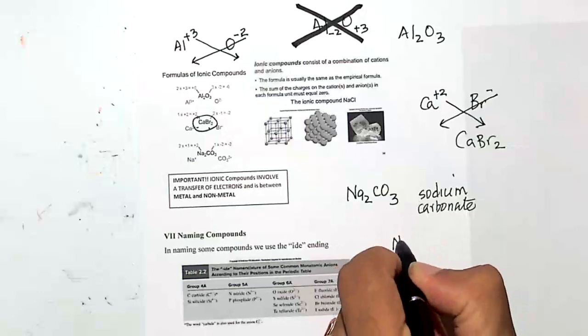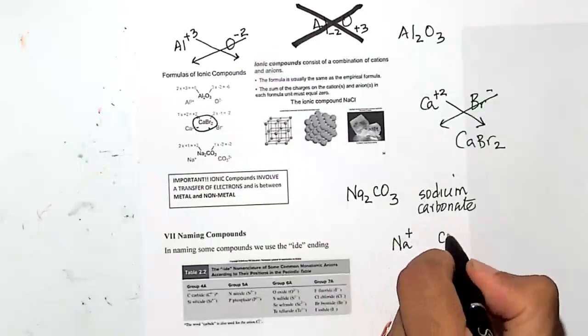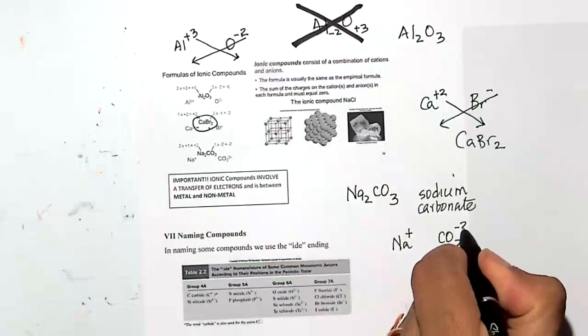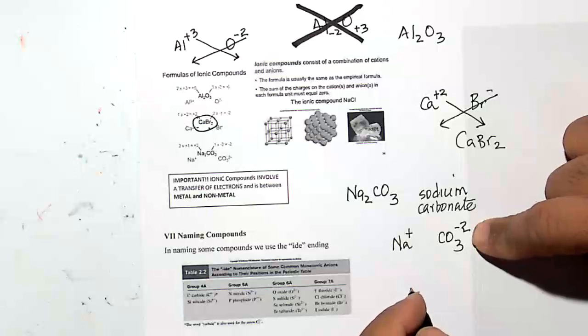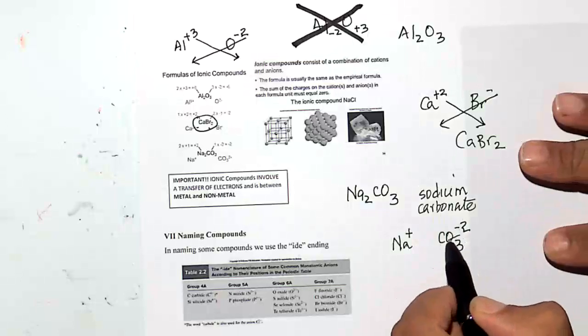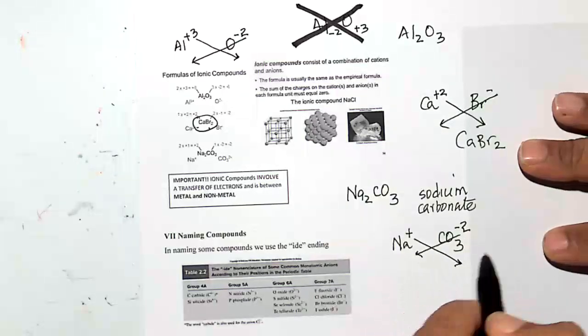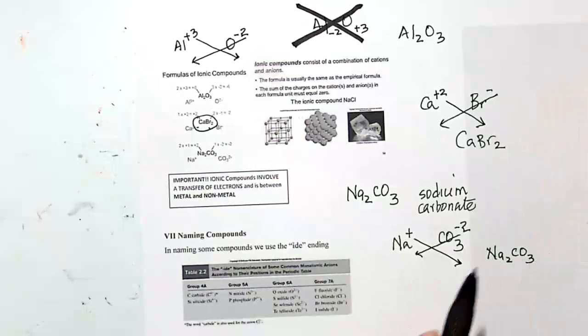So because it's group 1, it becomes Na+. And what is CO3? Okay, remember this from our flashcards? Yes? Okay, so you can bring your flashcards to the test. So this 2 goes here, the 1 goes there, and it's Na2CO3.